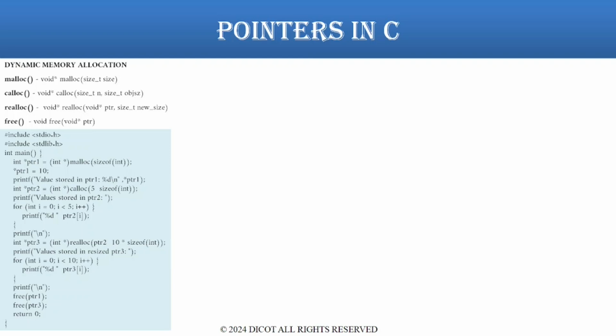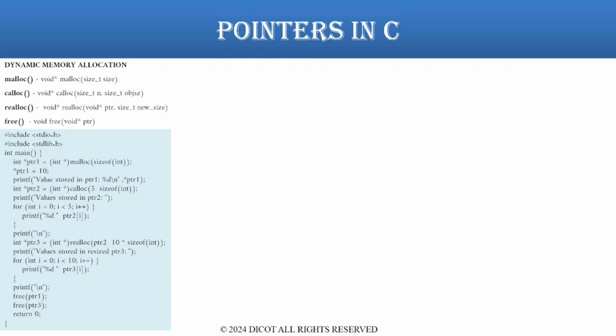Using a dereference operator, we are accessing that memory and storing the value 10 there. Next, we are using calloc to allocate memory for 5 integers and storing that address in ptr2. As you can see, calloc receives two arguments. The first argument is the number of integers and the second argument is the size of the integer.